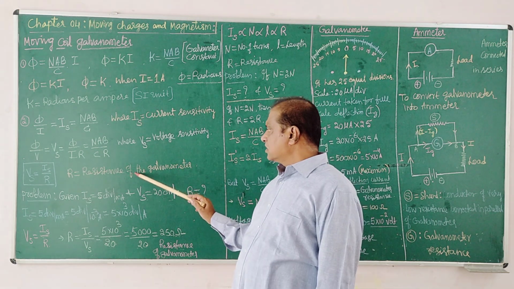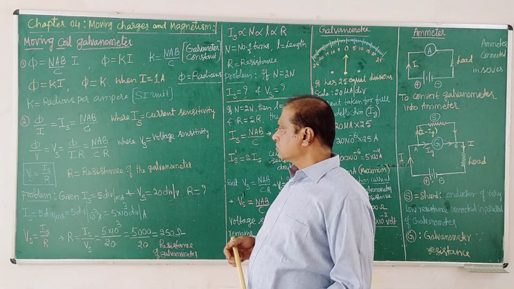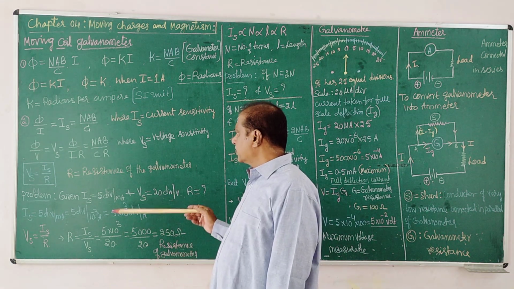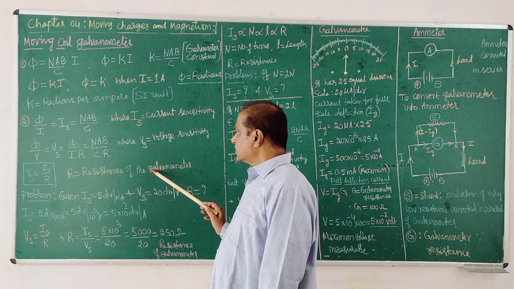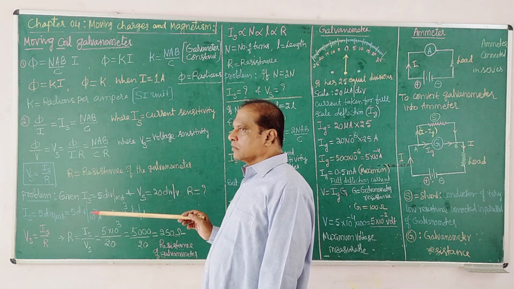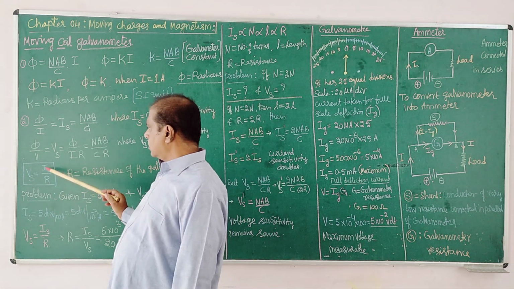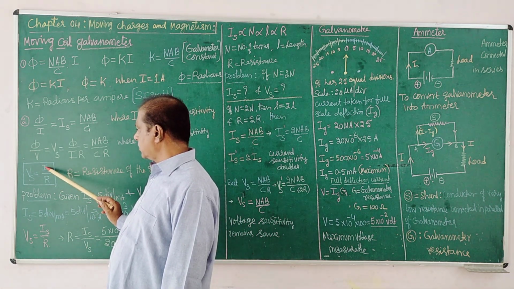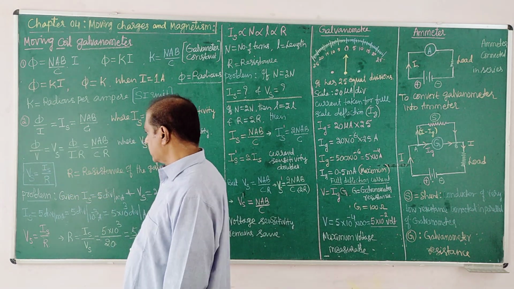That is called the resistance of the galvanometer. This equation is useful for the calculation of resistance of the galvanometer if we know the values of Is and Vs, that is current sensitivity and voltage sensitivity.